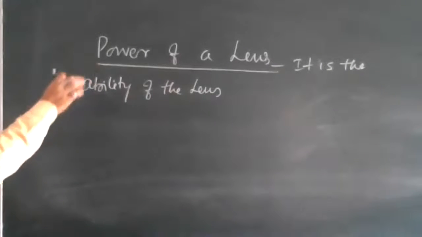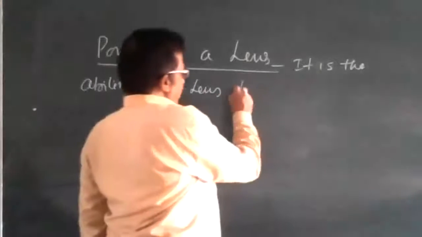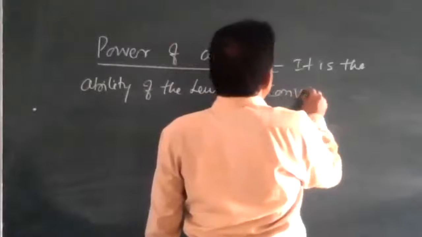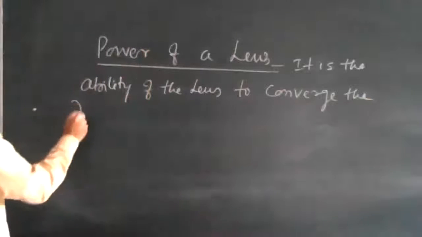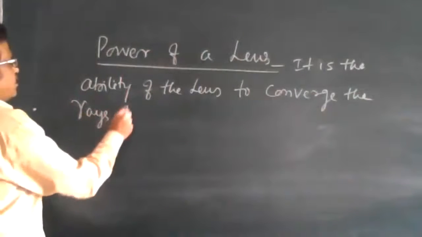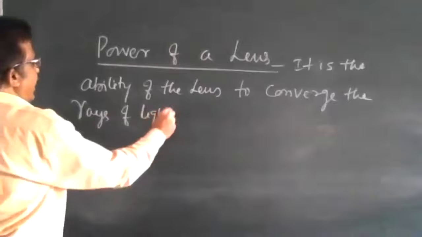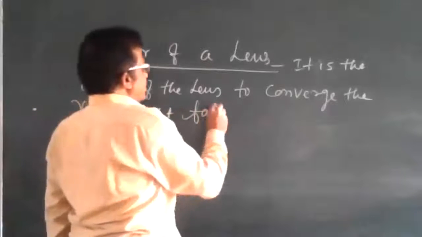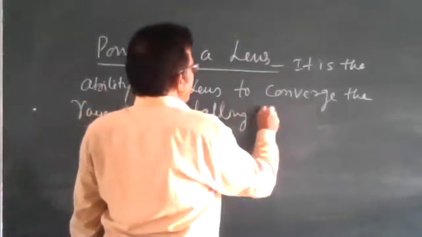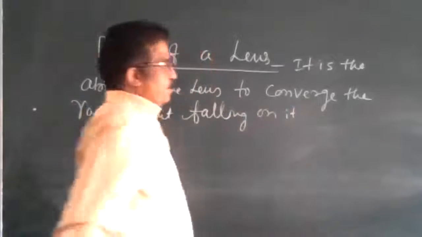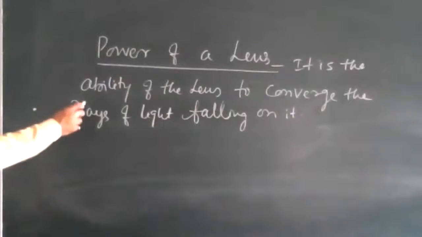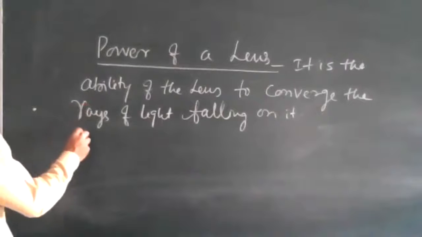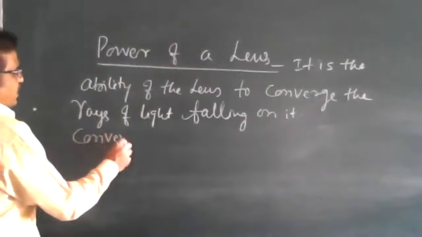to converge the rays of light falling on it. Convex lens converges the rays of light falling on it.